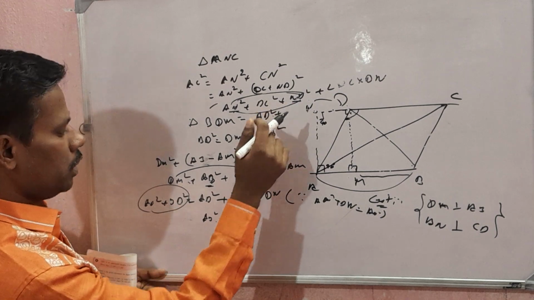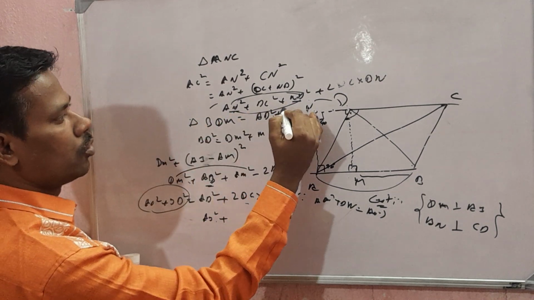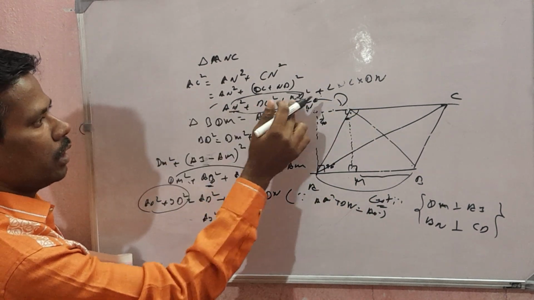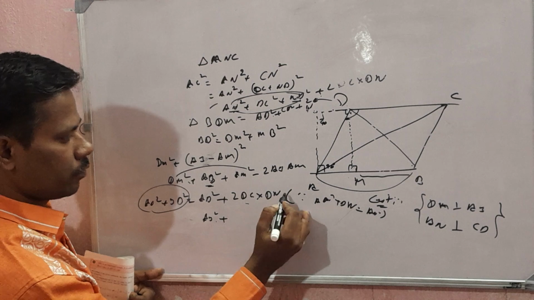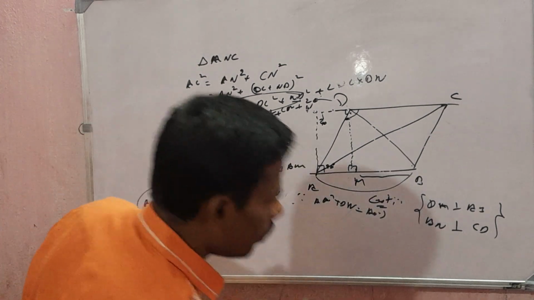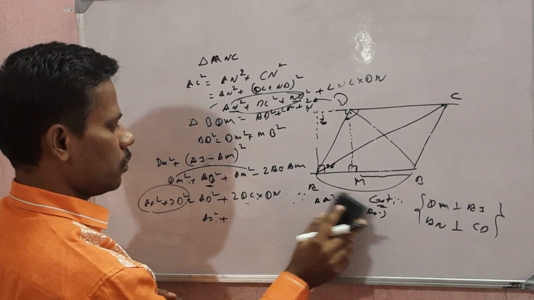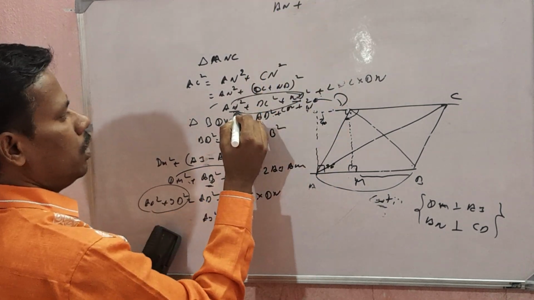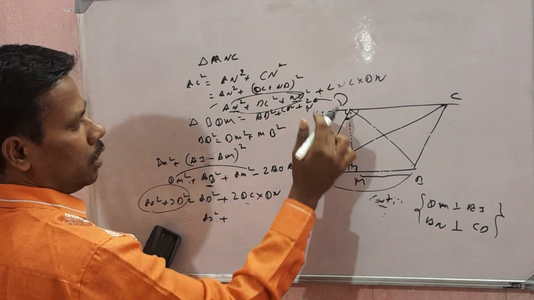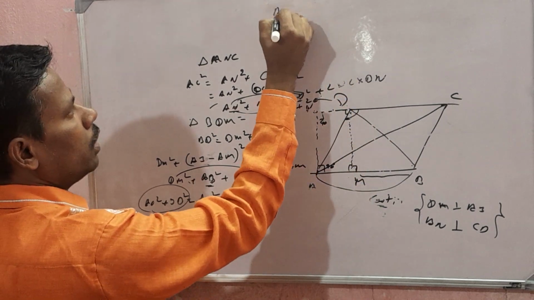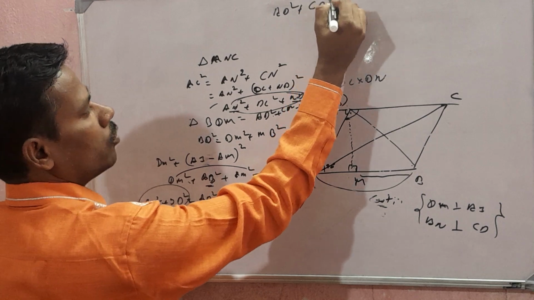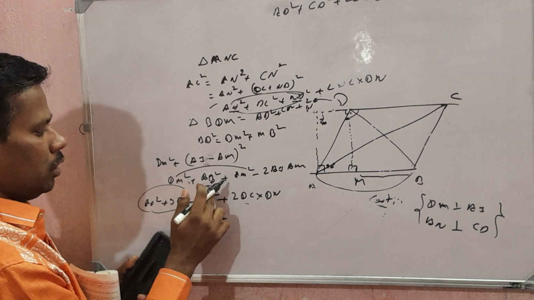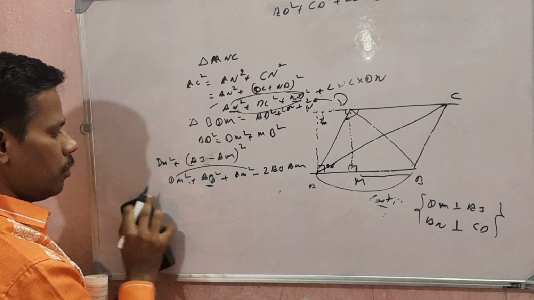AN plus ND is AD square, plus CD square plus 2 times DC into DN. So AN square plus ND square is nothing but AD square plus CD square plus 2 times DC into DN. Next, this one, simplify this one.